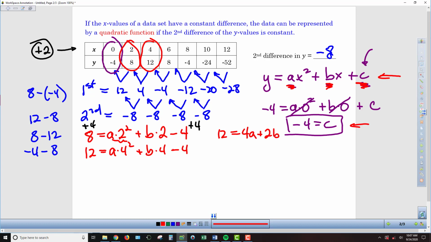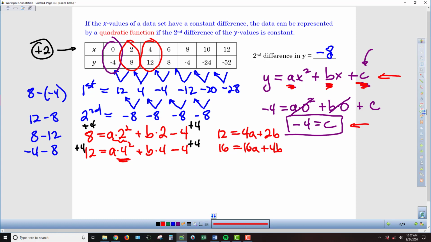Then I'm going to do the same thing on this second one. I'm going to add 4 to both sides, so that gives me 16 equals, and then I've got this 4 squared times a, so 16a, and then plus 4b.